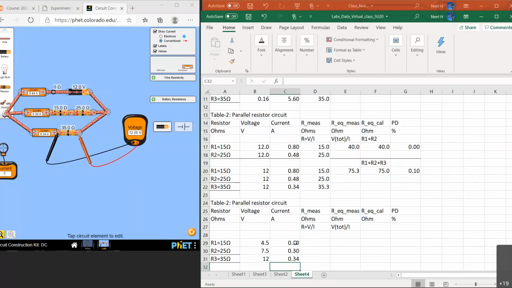By using those numbers, I can find the measured resistance values, which is voltage over current: 15, 25 and 35.3. Only the third one we have a little bit of error. That's okay, that's a rounding error, because you can see the ammeter only shows 2 decimal places, right? So that's the problem. Otherwise you would get the exact number.